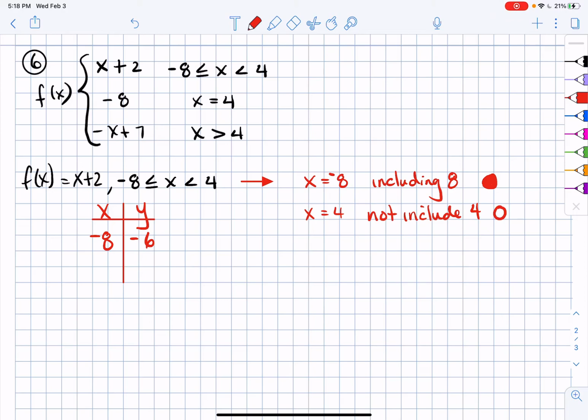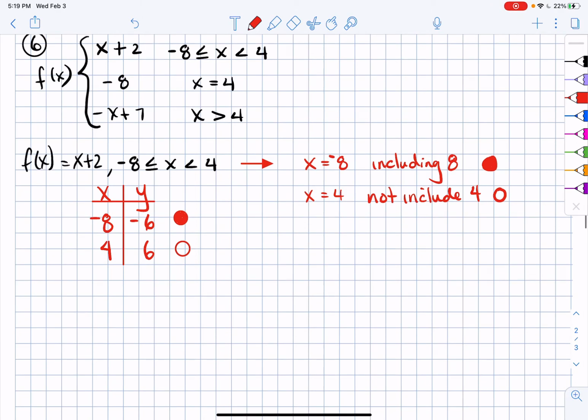So at negative 8, negative 6, I'm going to have a closed circle. Okay? And if I plug 4 in there, I'm going to get positive 6. At 4, 6, it's going to be an open circle. Okay? So that piece is done.